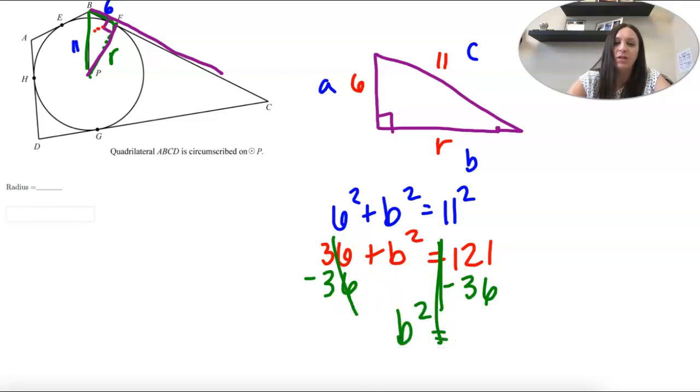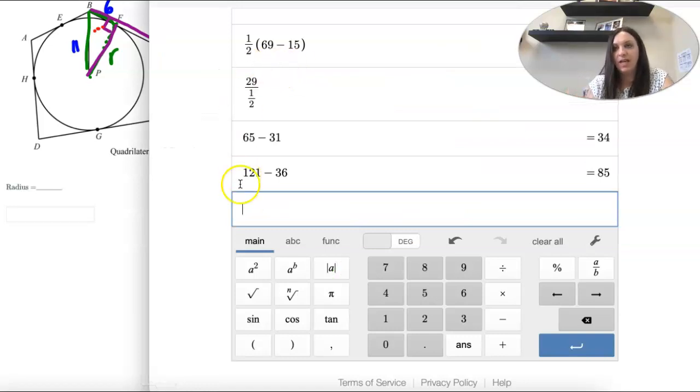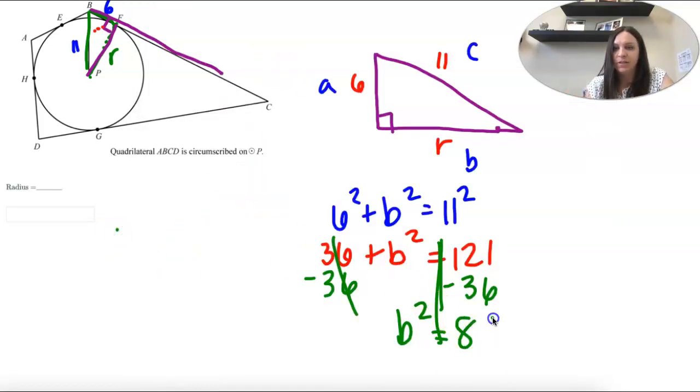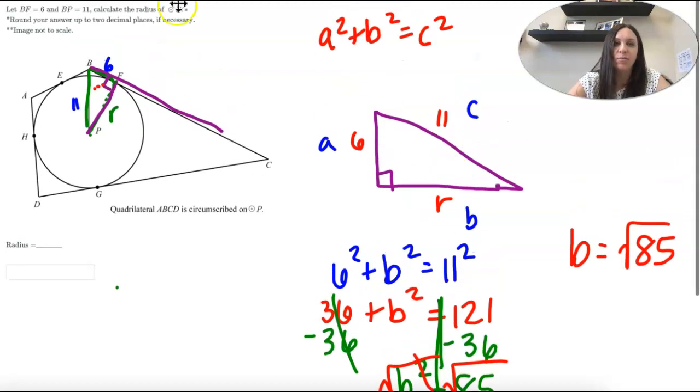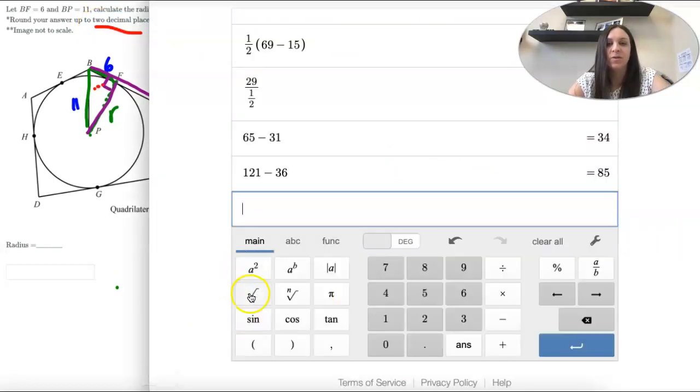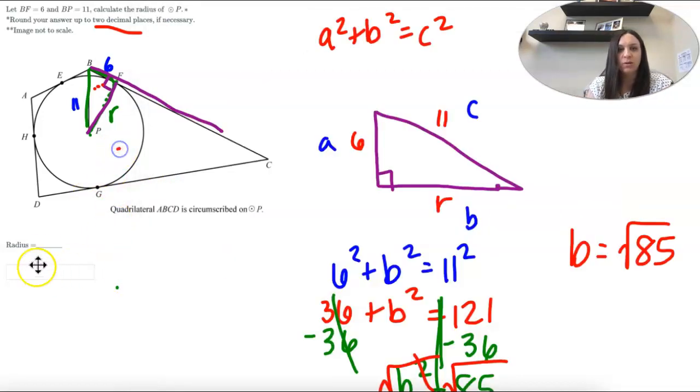B squared equals 121 minus 36 is 85. But I don't want B squared, I want B. So I'm going to take the square root of both sides to get rid of that square. So B equals the square root of 85, but we're rounding to 2 decimal places. So I'm actually going to type in the square root of 85, which is 9.22 rounded.